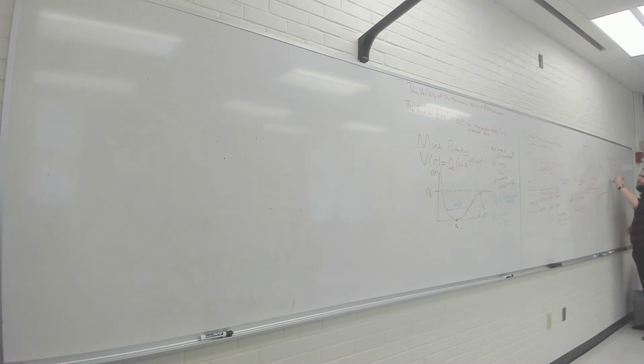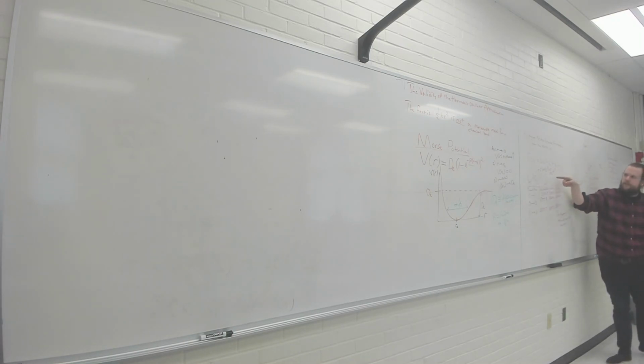Right? And that's a physical consequence of the Morse potential. The Morse potential is built around the idea of taking a harmonic oscillator and perturbing it and distorting it in a polynomial way, right? To add this polynomial correction to the energy.